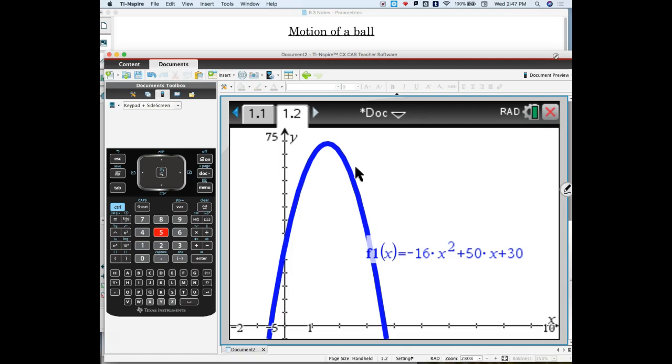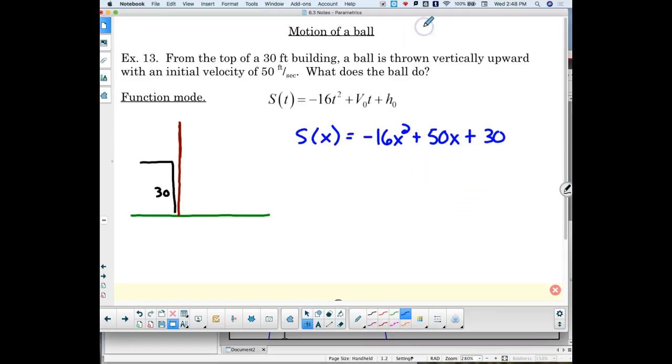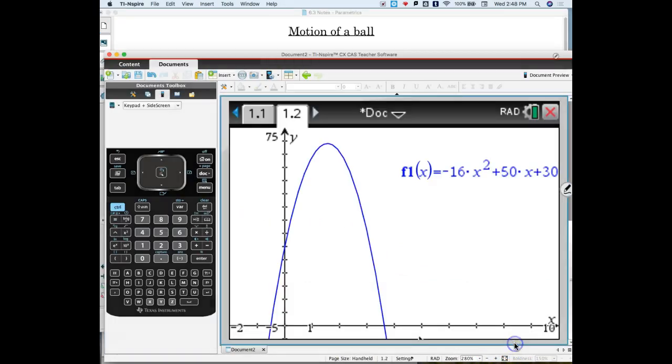Okay. Now, that does not look like the path that our ball took. Remember, we said that our ball was going to go straight up and then come straight back down. This does not look like that, correct? But I can analyze this graph, correct? What can I analyze it for?